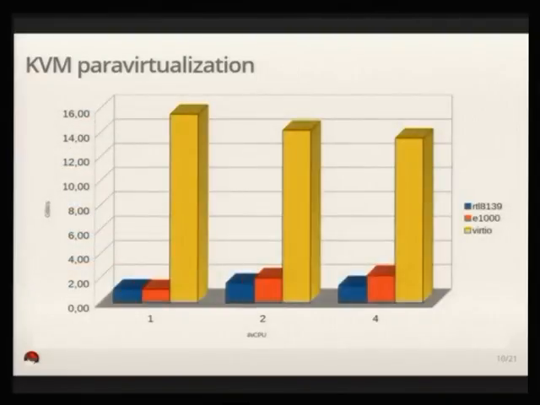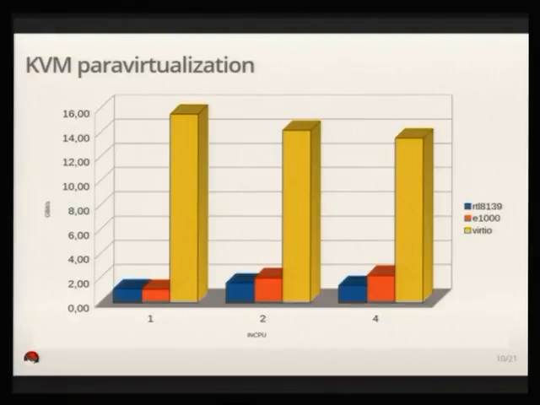How does it perform? So I've done measurements yet again on my laptop. I've had a guest and I've assigned it a network card, and I've assigned multiple models to the network card.